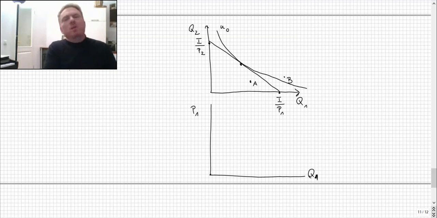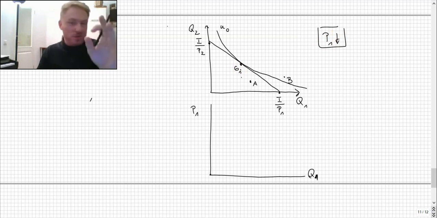And to U0, the budget constraint is tangent at a point, let's call it G1. Which means that, given the price goes down, but we'll see this only later, in 30 seconds approximately.